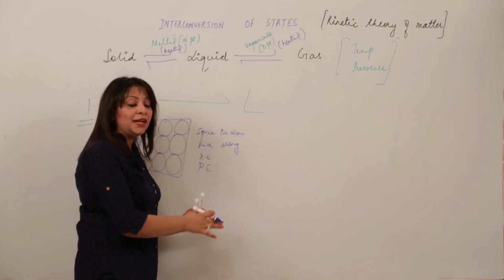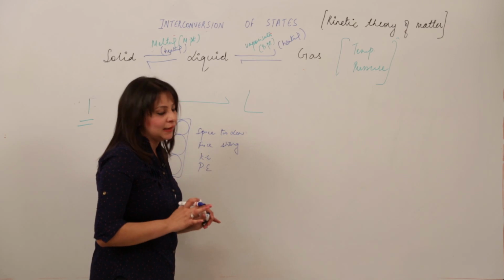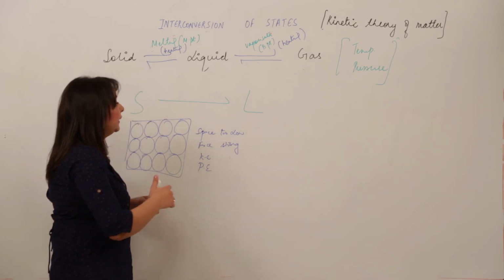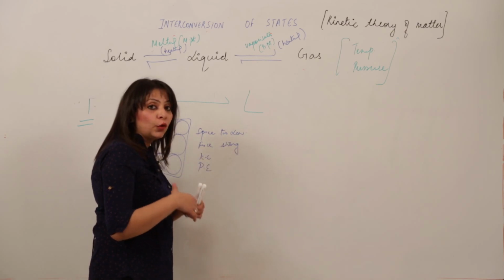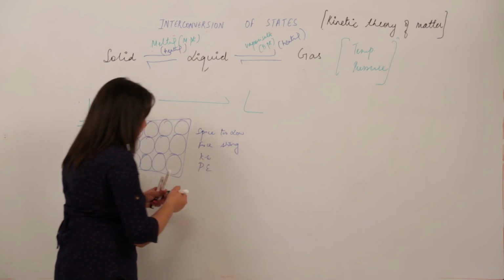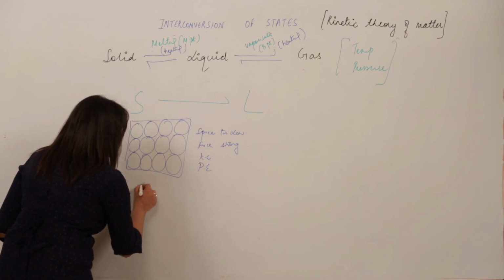So these are the properties which a solid already has. Now what happens actually when on heating it changes into liquid? What change is occurring in it, we are going to study that. See, now I am heating it.